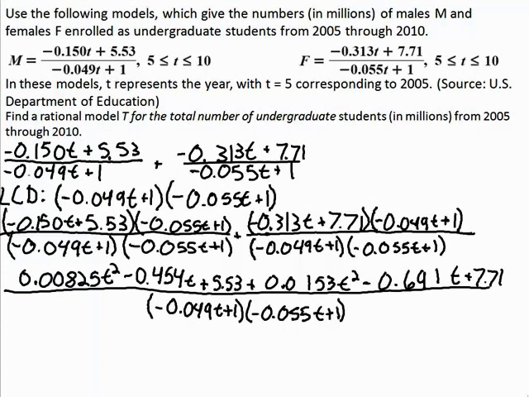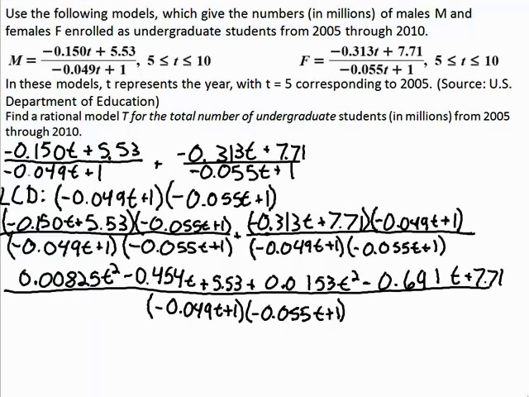825 hundred-thousandths t squared minus 454 thousandths t plus 5 and 53 hundredths, plus 153 10 thousandths t squared minus 691 thousandths t plus 7 and 71 hundredths, divided by the quantity negative 49 thousandths t plus 1 times the quantity negative 55 thousandths t plus 1.